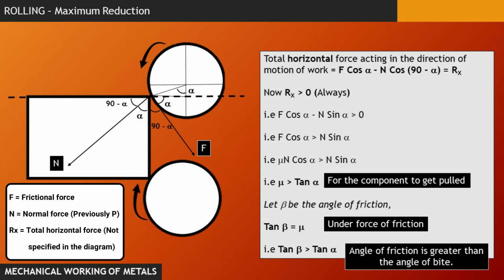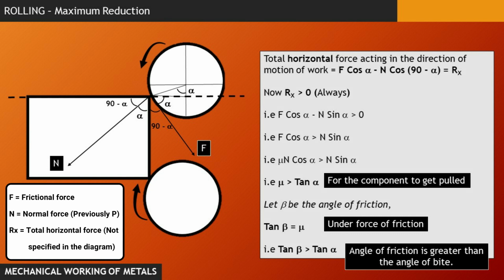Now this F cos alpha minus N cos 90 minus alpha, which can be converted into sin alpha, would be greater than 0 because this is equal to the reaction force. In essence, we can say F cos alpha is greater than N sin alpha.